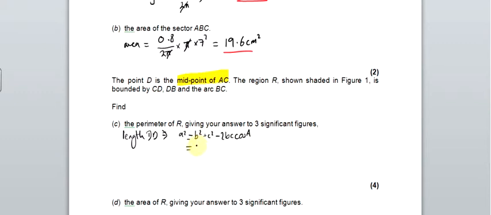So let's substitute. So we've got 3.5 squared plus 7 squared minus 2 times 3.5 times 7 cos 0.8, and we need to make sure we're in radians mode. Very careful about that.